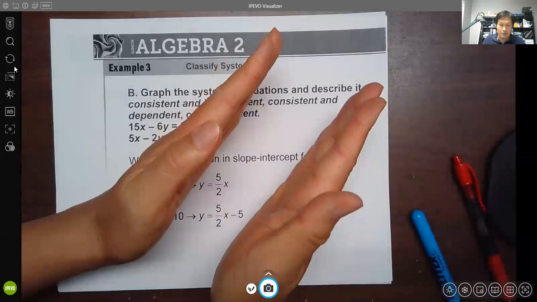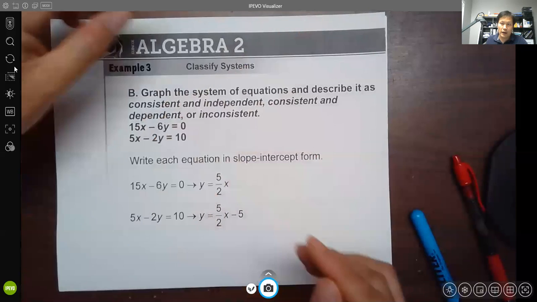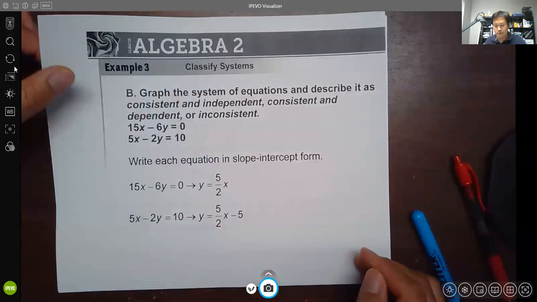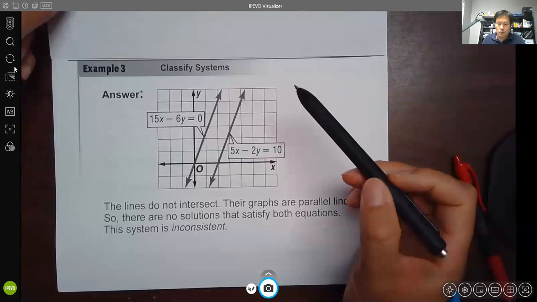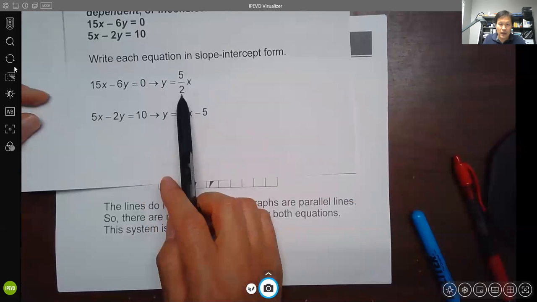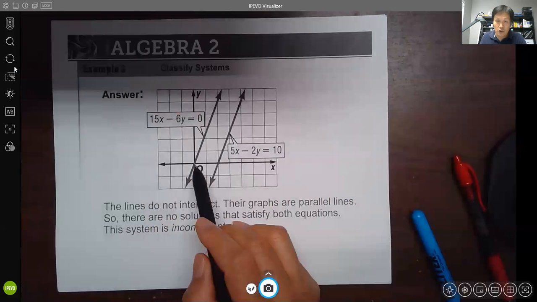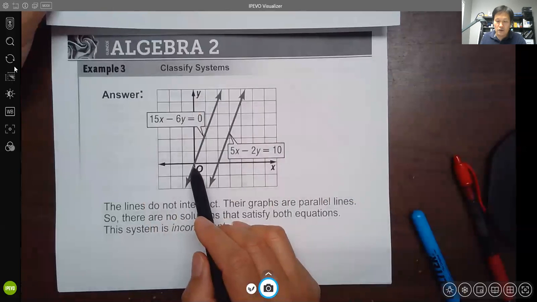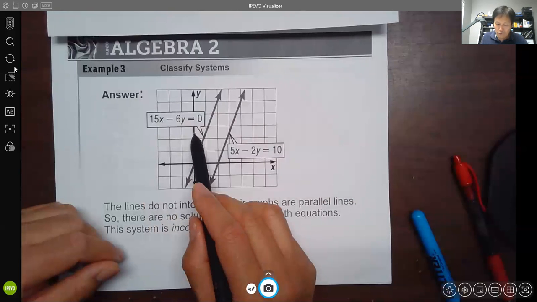Y-intercepts are different, meaning it will be parallel lines. If you graph y equal to 5/2 x, the y-intercept is 0. You start from 0, and the slope is 5 over 2. That's how you graph it.